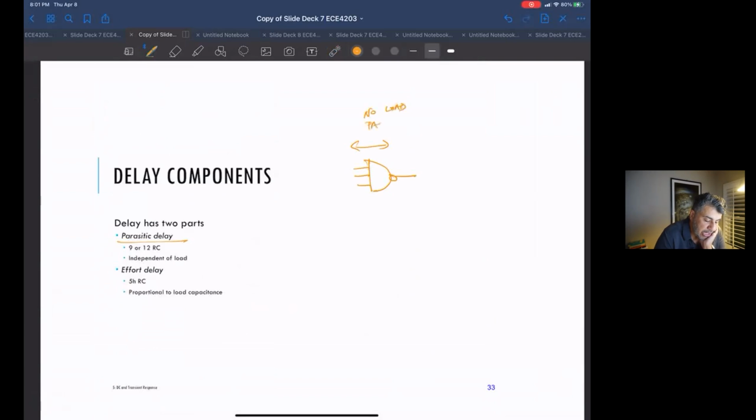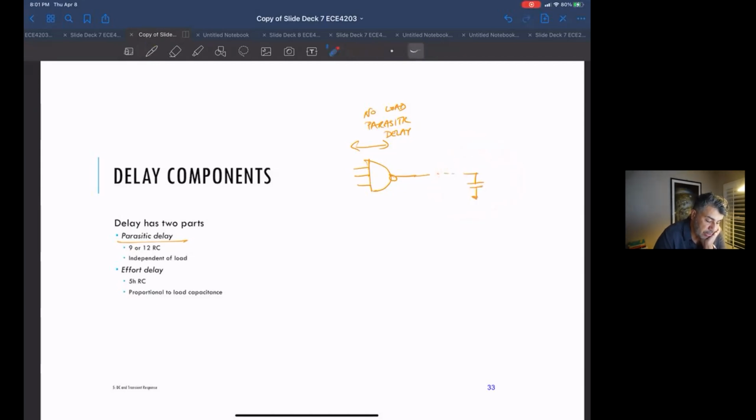And that's called the parasitic delay. It's the delay of the device itself. And then the effort delay is if I was driving a load, the extra delay for driving that load.